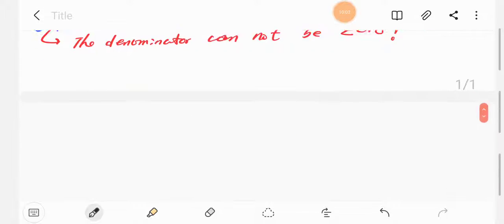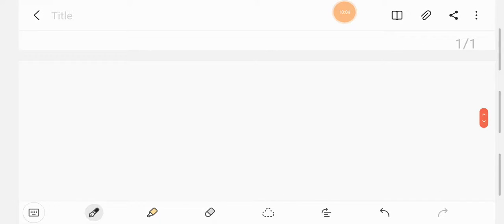Then let's try a fraction that has 0 in the numerator. What if we have 0 over 6? Now 0 is in the numerator, not the denominator. Then what would this number be? This is equal to 0 divided by 6, right? What is 0 divided by 6? We can divide 0 by 6, right? Then 6 times what is 0?